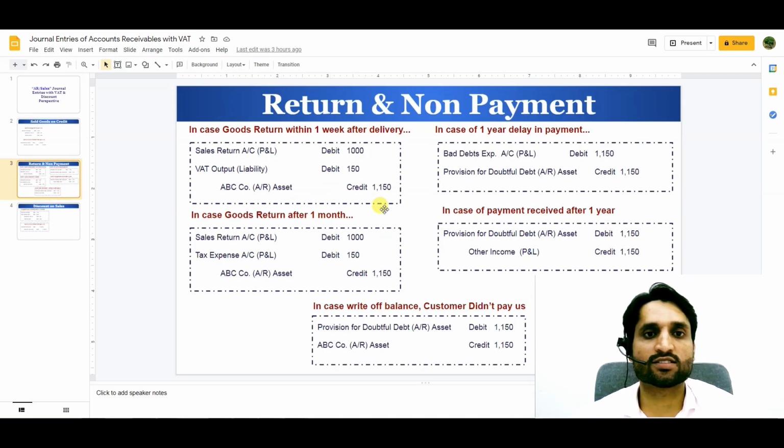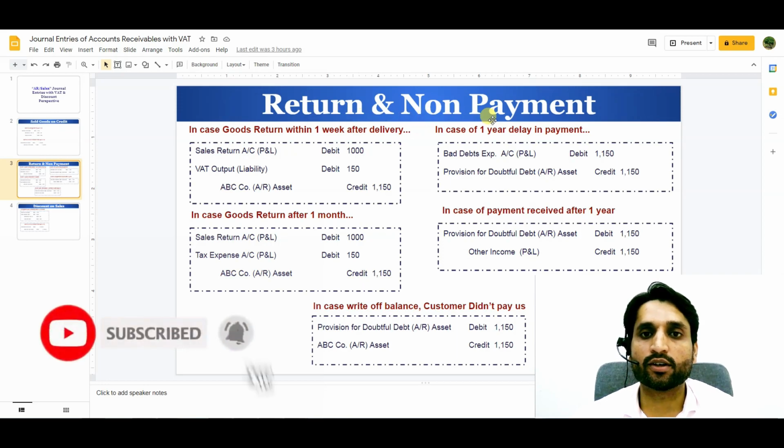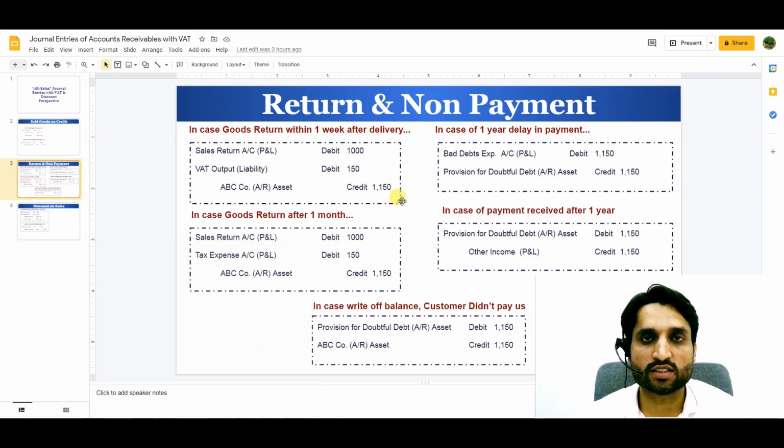Now let's see, when the client returns goods or is not paying us, what journal entries we need to pass. In case goods are returned within 1 week after delivery, we give a period that if there are any defective items, the client can return the goods within 1 week or within 2 or 3 days.